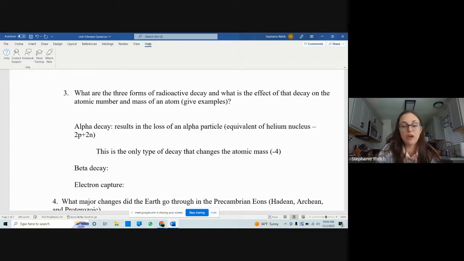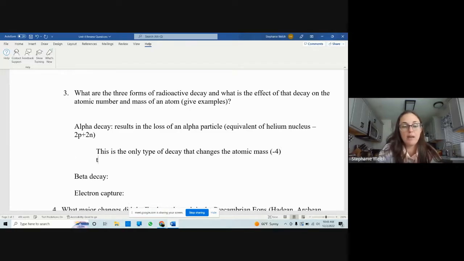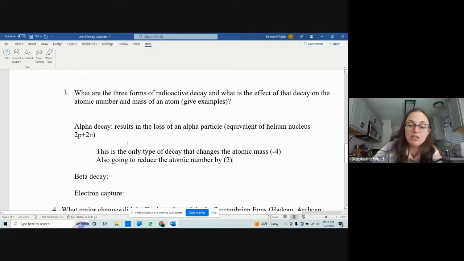And the atomic mass drops by 4. This also reduces the atomic number by 2. So we've defined alpha decay. We've talked about the change in atomic mass and the change in atomic number.